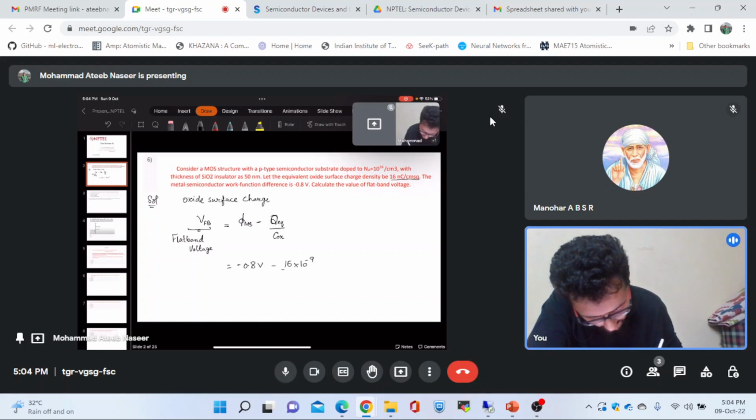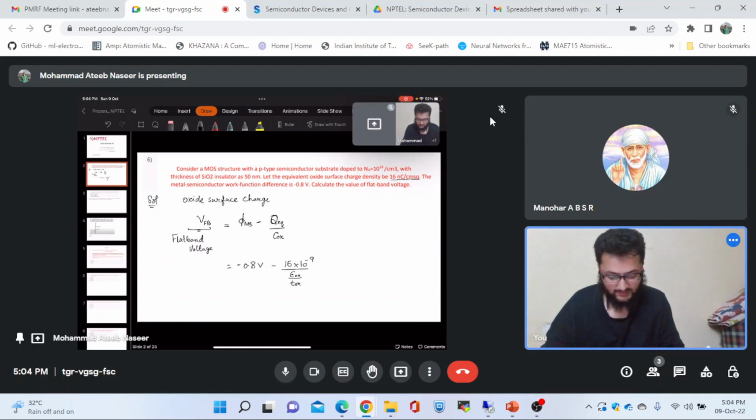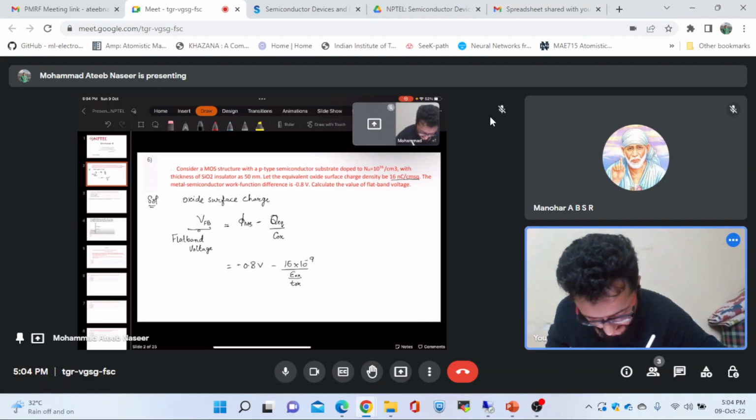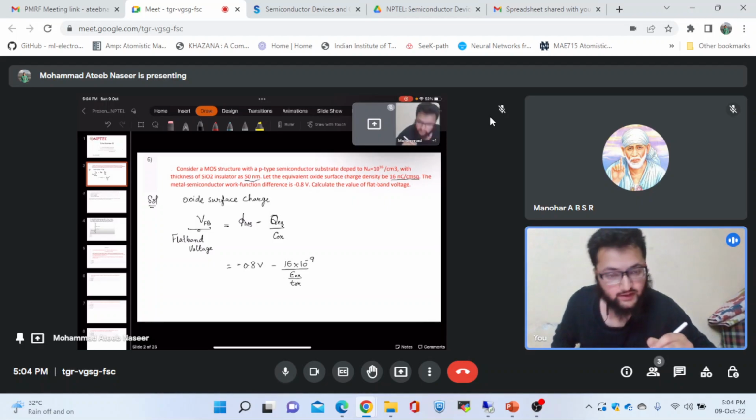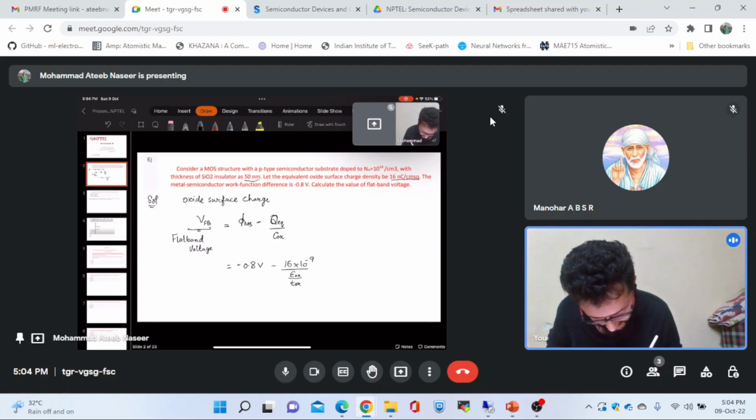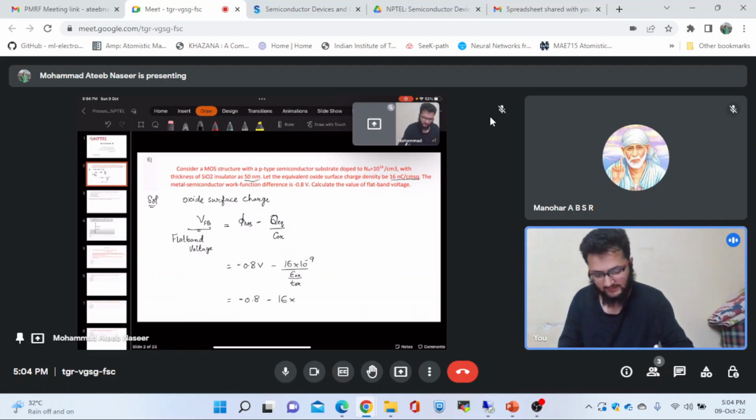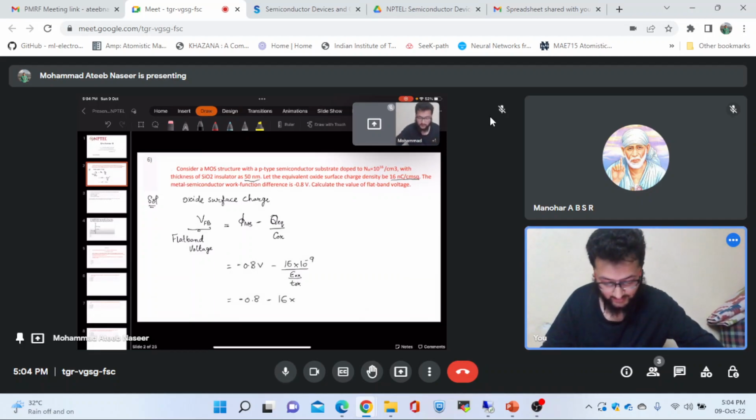Now this Cox is simply given by epsilon ox by Tox, where Tox is the thickness of the oxide. We have been given this thickness to be equal to 50 nanometers. So let us substitute it over here. It will become minus 0.8 minus 16 into 10 to the power of minus 9.